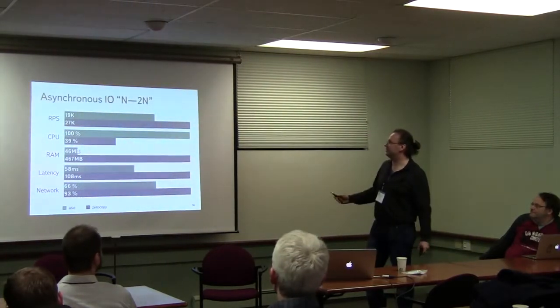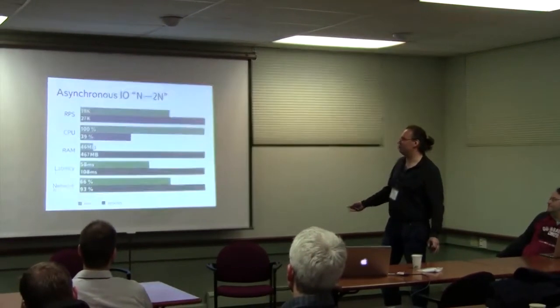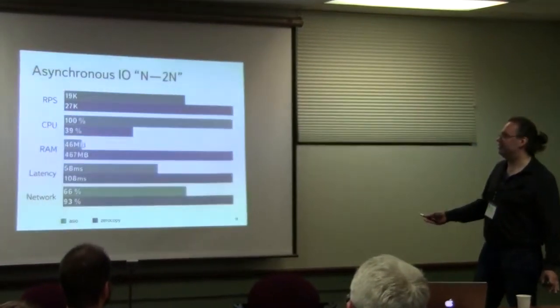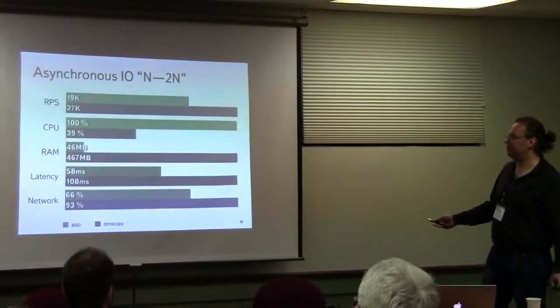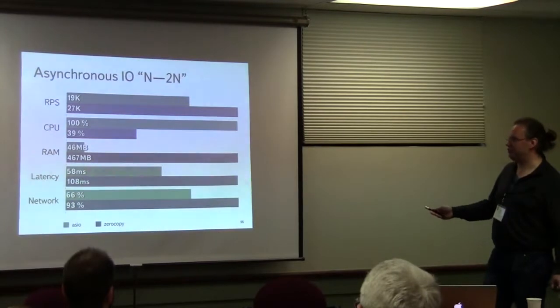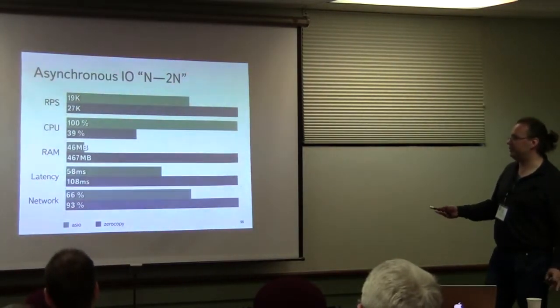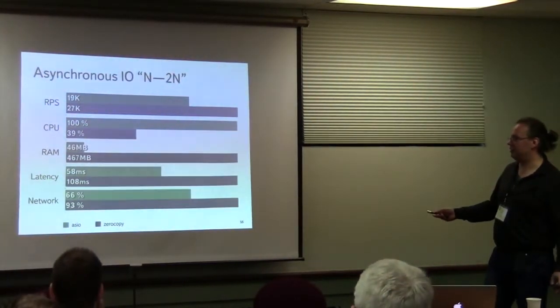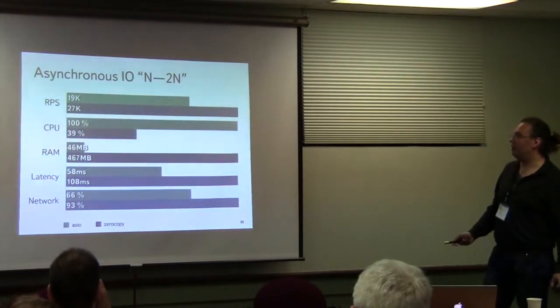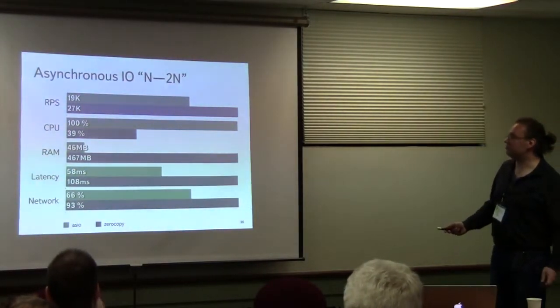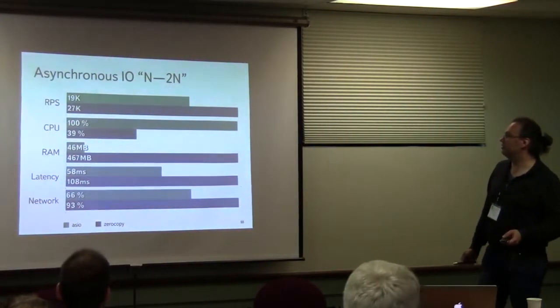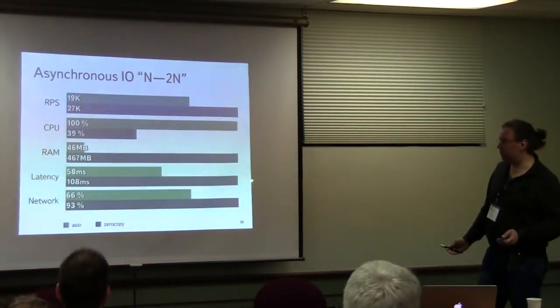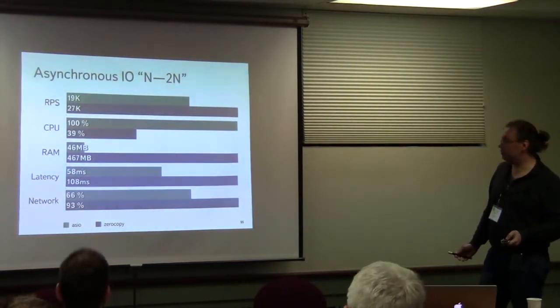Well, this is the model with the number of I/O services equal to the CPU cores, and each I/O service has 2 threads. The picture is very similar to the previous.